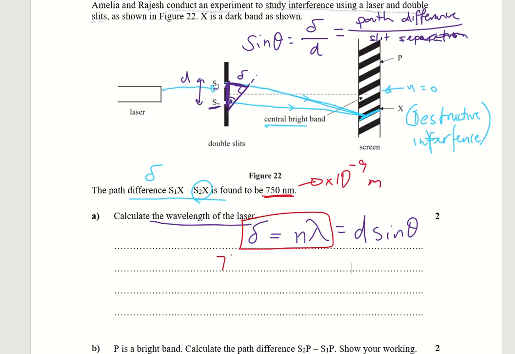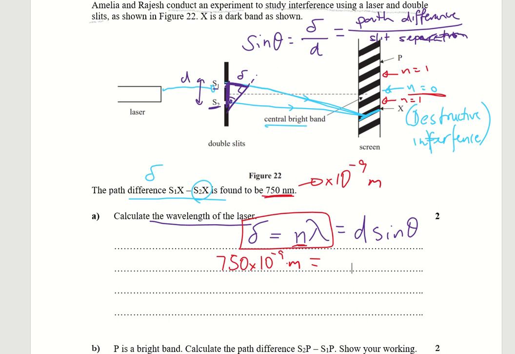So let's substitute that in. 750 times 10 to the minus 9 meters equals n lambda. We know that the center band is 0. We know that the next constructive interference band after that is 1, so a new integer.